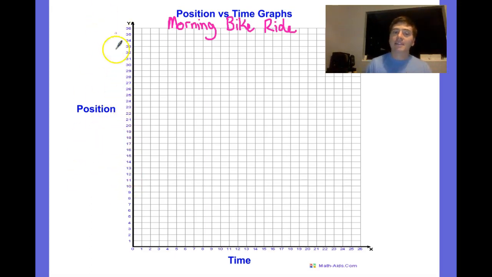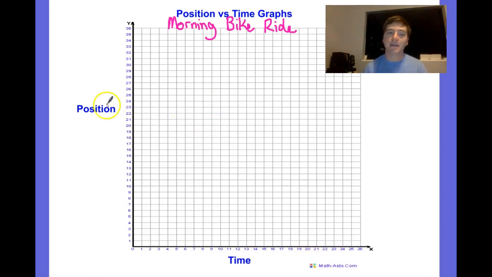The y-axis is always your dependent variable, and your x-axis is always your independent variable. So in a position versus time graph, time is always going to be your independent variable because time just moves on and on and on, and doesn't really care about your position. The time will just keep going.